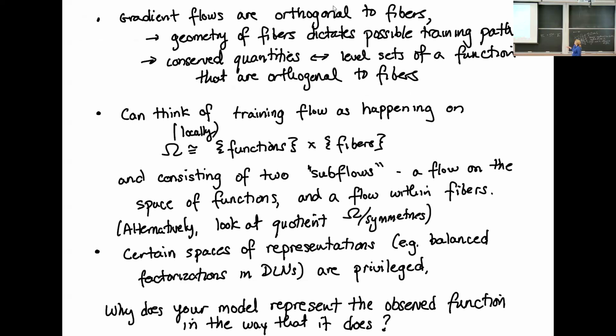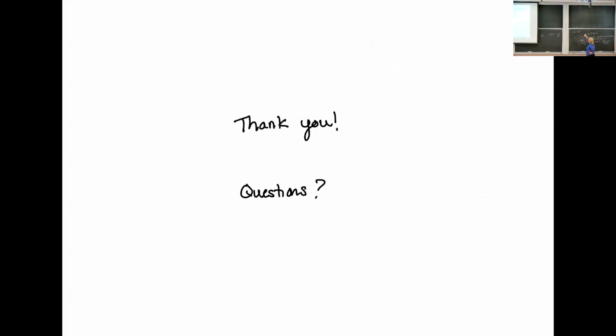Gradient flows are orthogonal to fibers. If you're using gradient flow, that'll be the same for whatever model you're using. If it's not gradient flow, you still will have some sort of constraint involving the fiber. This tells you that the geometry of fibers dictates the possible places you can get to by training. It also gives rise to these conserved quantities, which index these orthogonal objects.